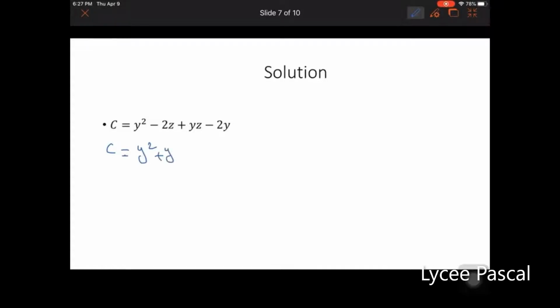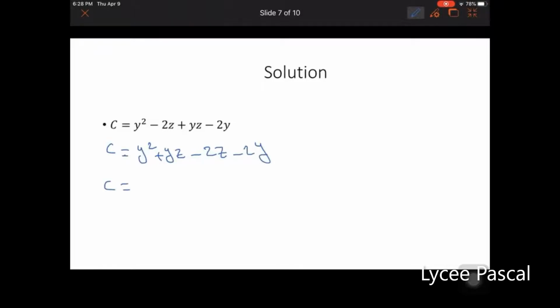So C equals, between the two first elements, as you see, we have y as a common element. So we take this common element with the less power, y, into, from y squared, the remainder is y, plus from yz, the remainder is z.